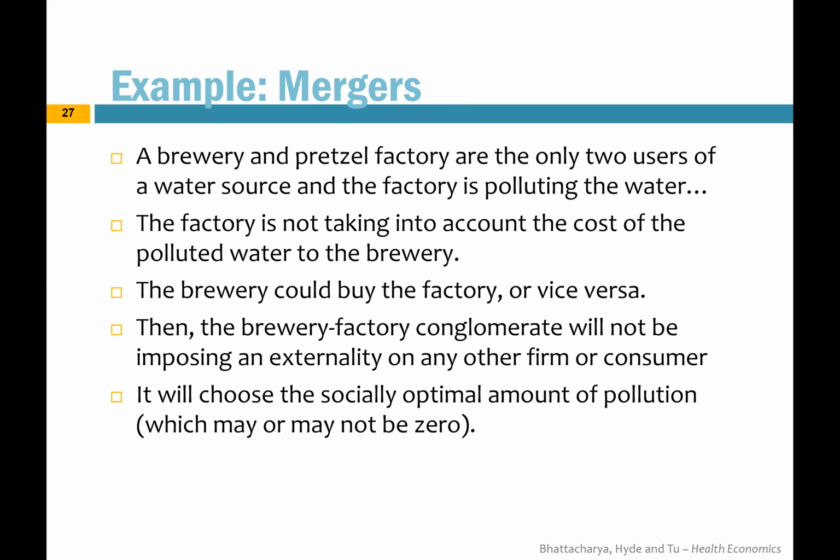Sometimes you can have a small amount of pollution that an ecosystem can handle and can clean on its own. So it isn't necessarily zero, but it will reach the socially optimal amount because nobody is getting a free lunch, so to speak. The pretzel factory is no longer polluting for free, because as a merged entity, it factors into account the brewery, who also wants non-polluted water.